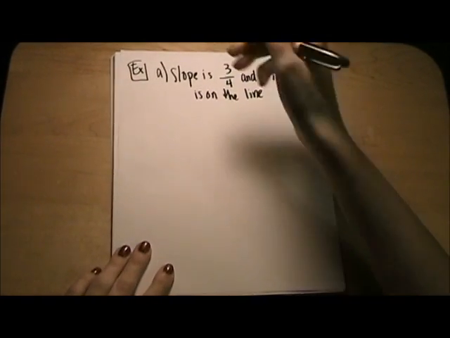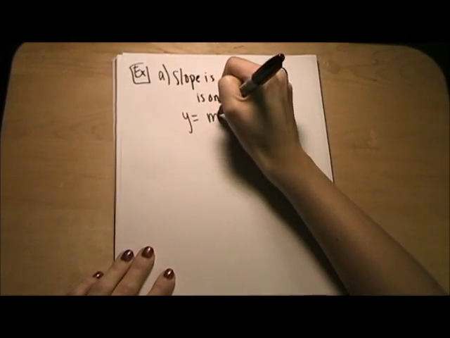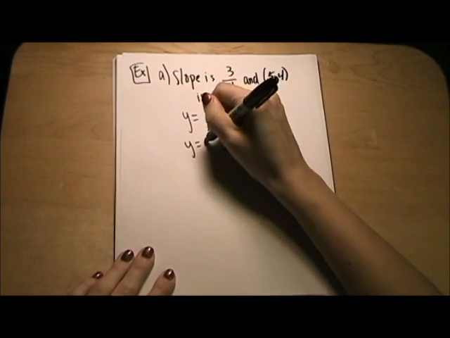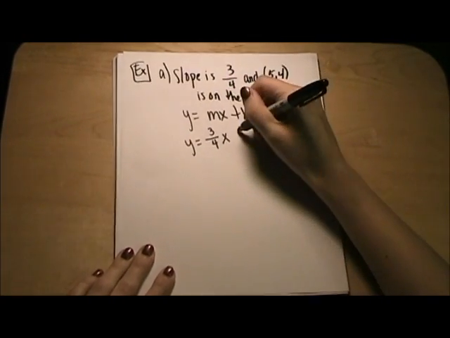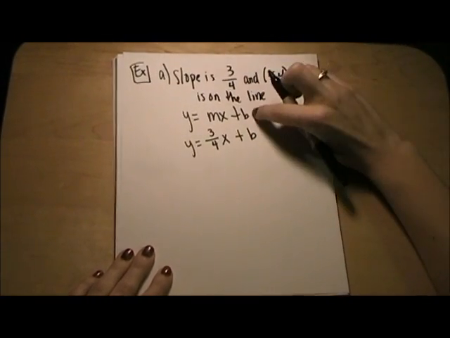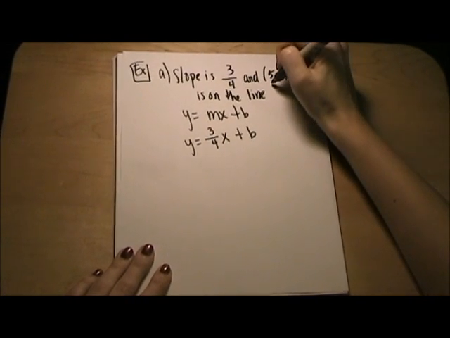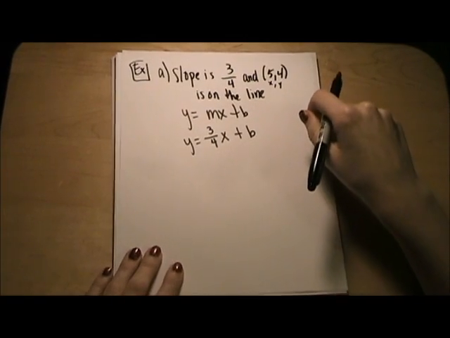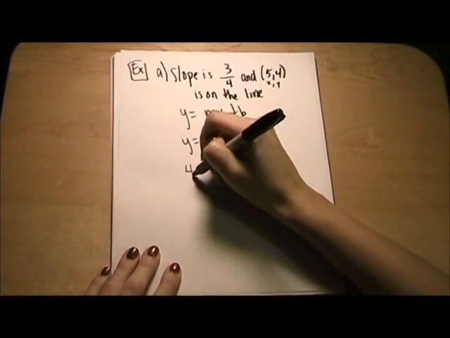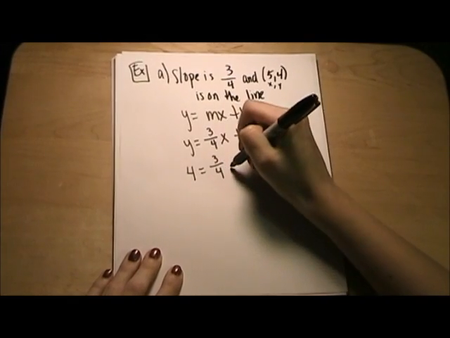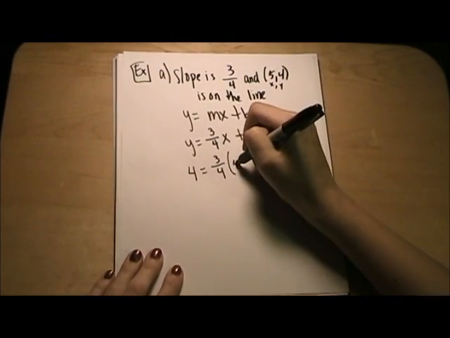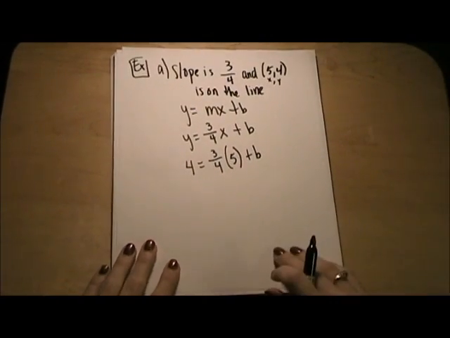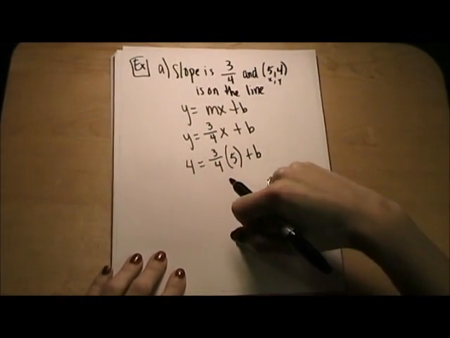Okay. We have y equals mx plus b. We have the slope they told us was 3/4, but they didn't give us the y-intercept. They just gave us a point. Well, our point we know is x comma y, so we can plug in and solve for b. So y equals 4, 3/4, and then x can be 5 plus b. So this came from our point that they gave us.